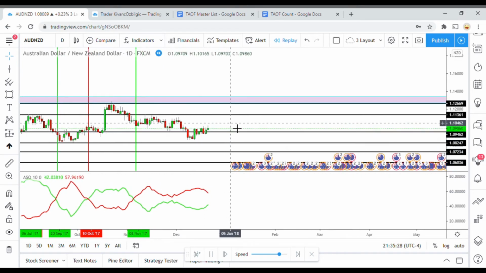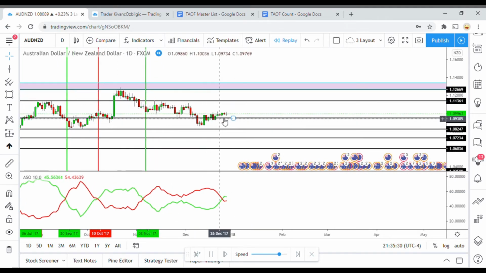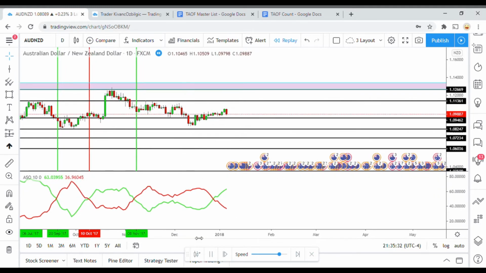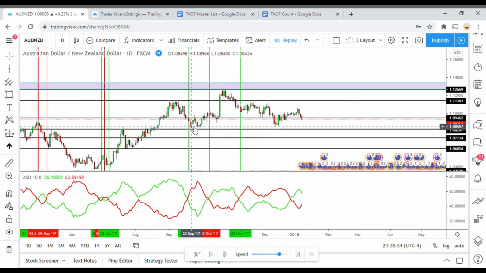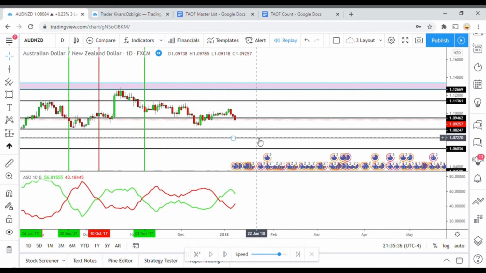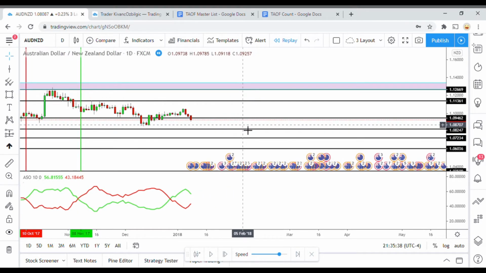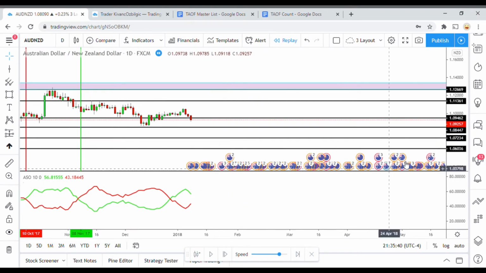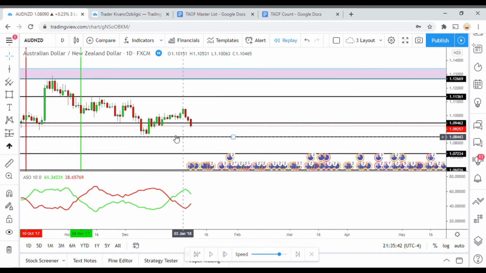All right. Getting close to the end of the year now. Like I said, it rejected this area up here. It then slowly trickled its way down, made its way back down to this area that it's bounced off of a few times now. And so it's starting to have a reaction to that area through another long signal right here.